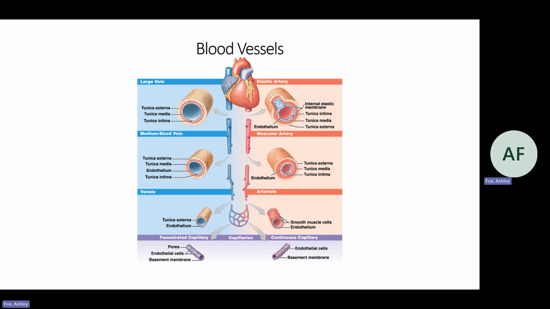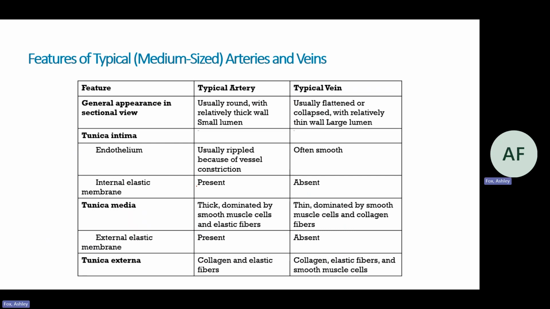The largest layer in veins is the tunica externa. So we're looking at a chart comparing arteries and veins, which you can look at to see the differences in the layers.